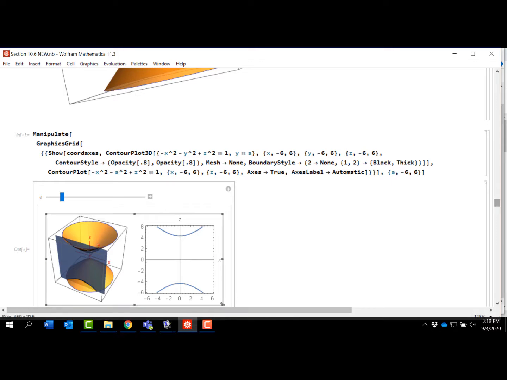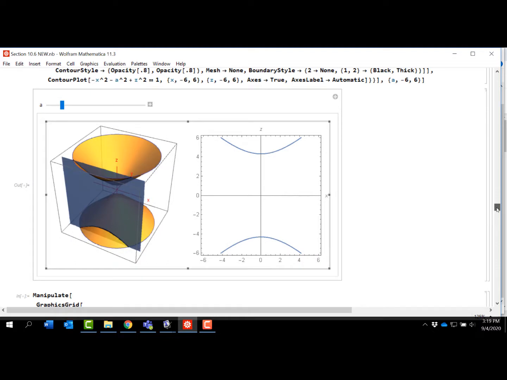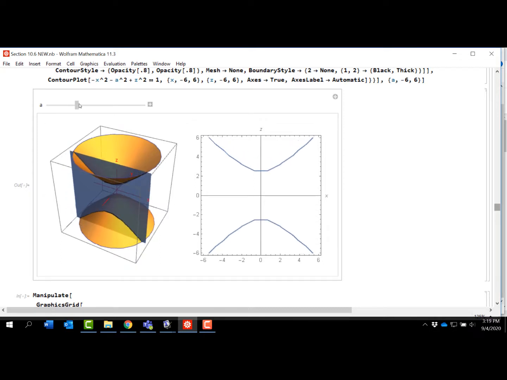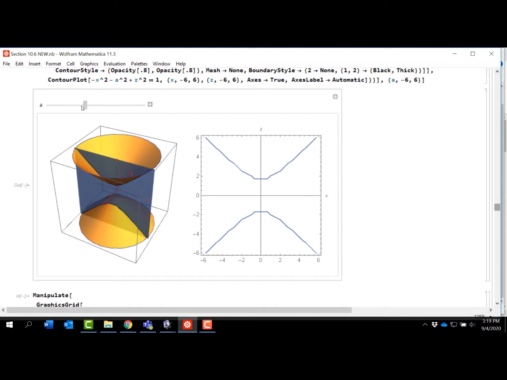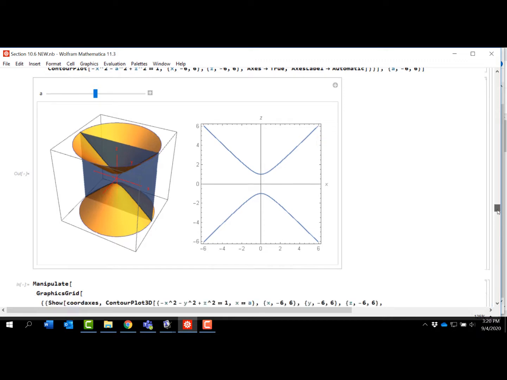Let me make these a little bit bigger for you. So here we're slicing by fixing y, and we trace out these hyperbolas. So you can see the name hyperboloid coming into the game, and then there's two different pieces. So it's a hyperboloid of two sheets.